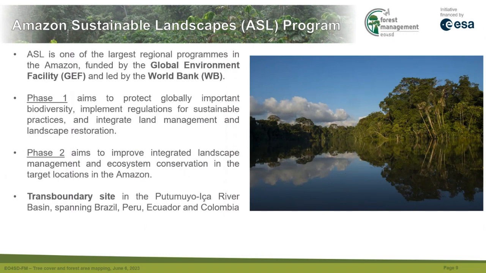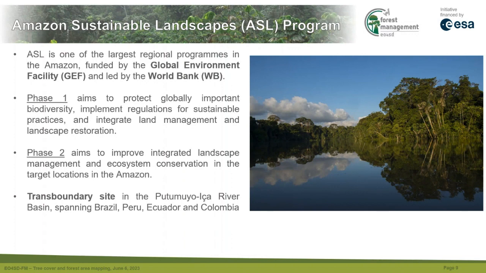So for example, this is the Amazon Sustainable Landscape Program. This program is one of the largest regional programs in the Amazon. It's funded by the Global Environment Facility and managed by the World Bank. The program has transboundary sites, stretching across the Putumayo River Basin in Brazil, Peru, and Ecuador, and also Colombia.